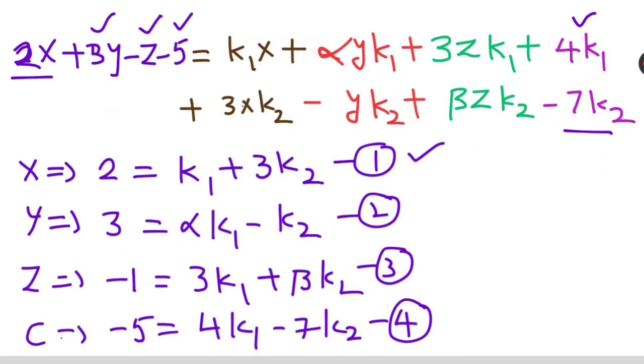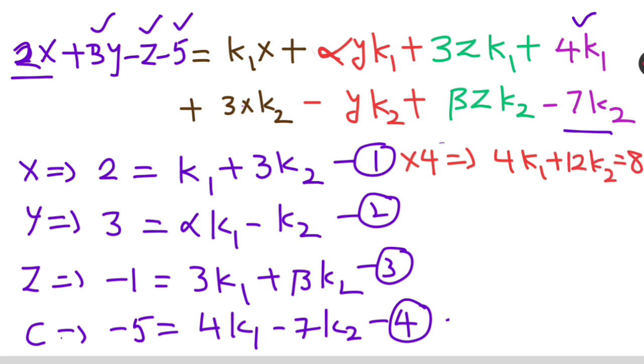Let's solve the first and fourth equations. We have k1 plus 3k2 in the first and 4k1 in the fourth, so I am going to multiply the first equation by 4. The first equation becomes 4k1 plus 12k2 equal to 8.